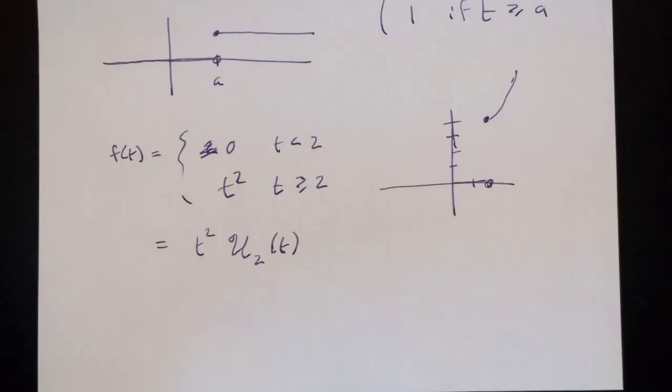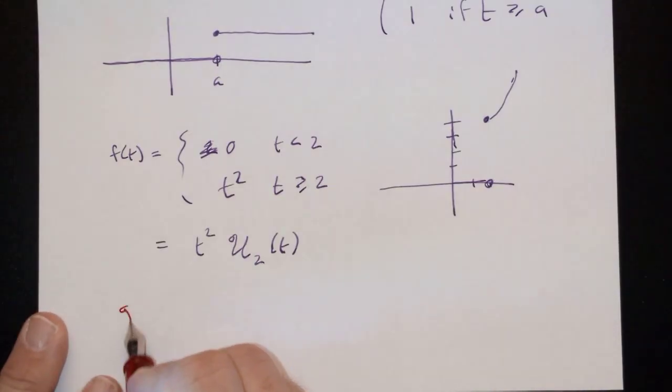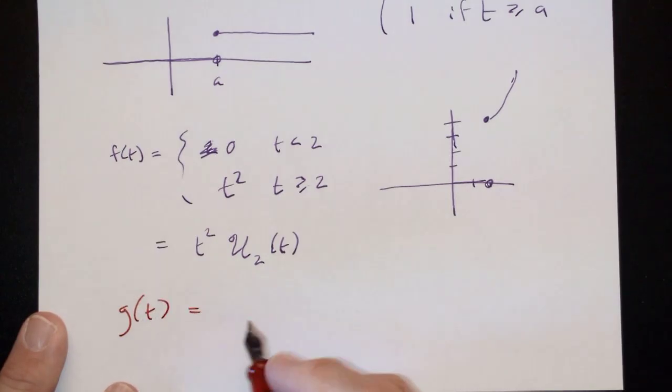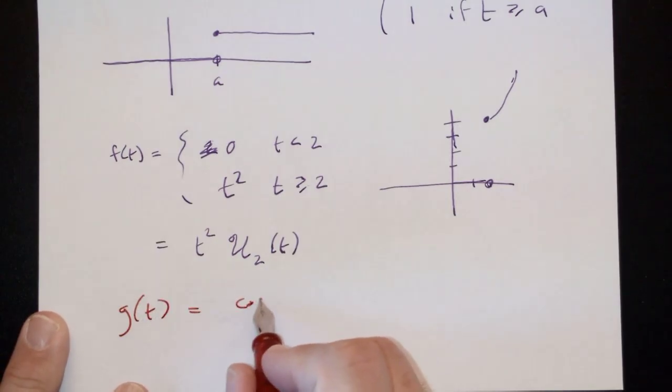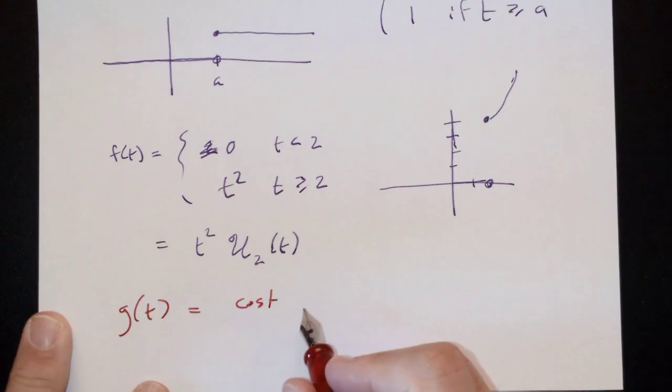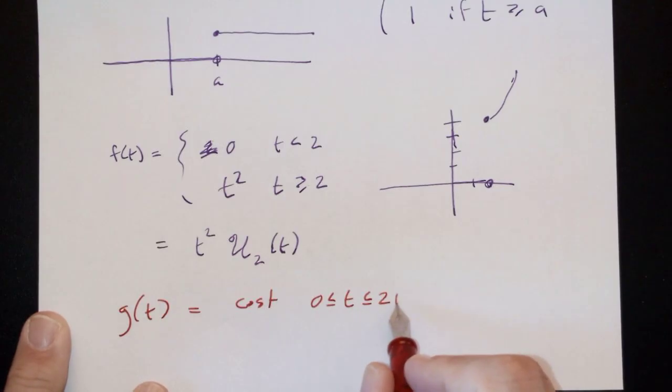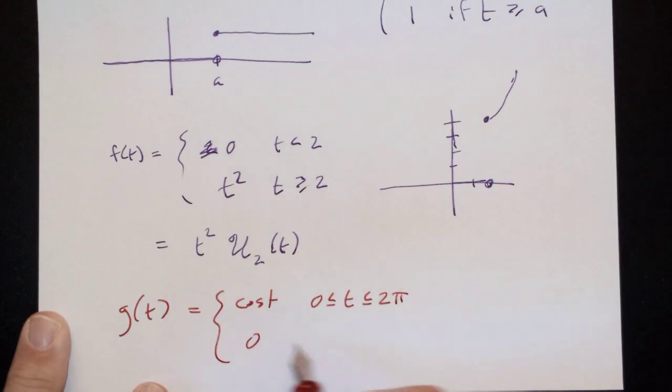Let's say I only wanted to use a graph of cosine. Right here, we're going to define g of t is cosine of t, but only between 0 and 2 pi, and 0 everywhere else.